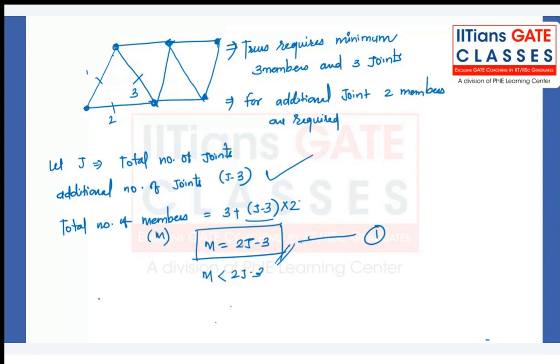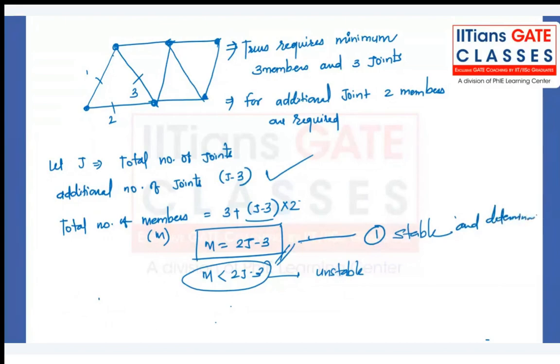If m is less than 2j minus 3, then we call it an unstable truss. So this is stable and determinate. And there can be a case that m is greater than 2j minus 3.